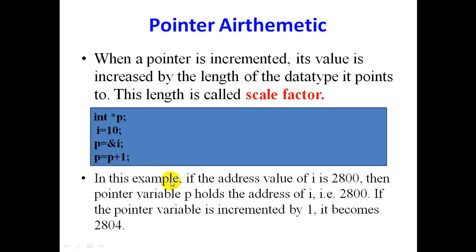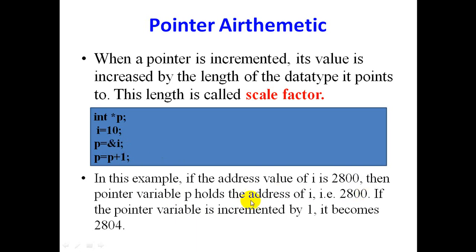Now let us consider the address of variable I is 2800. The pointer variable P holds the address of I, the memory location where I is located, at 2800.